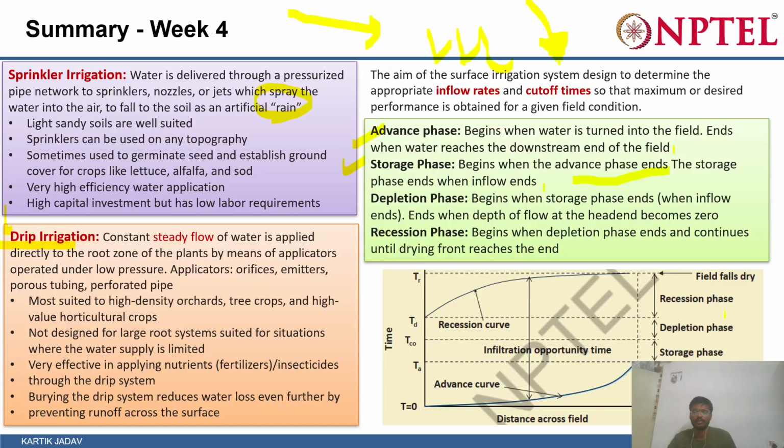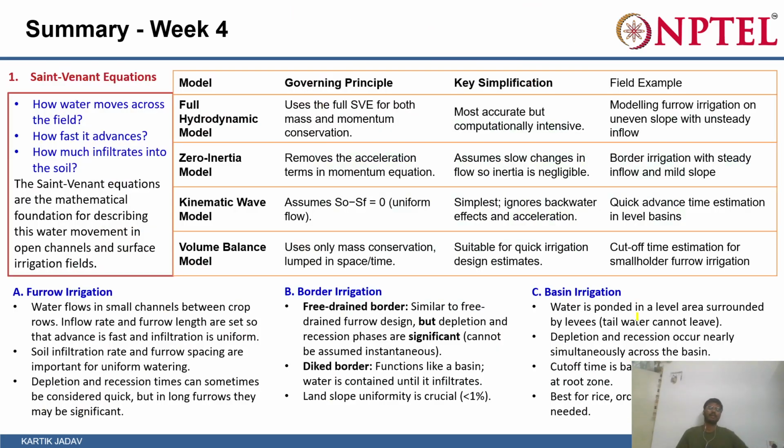It's just a figure for this conceptual understanding, and each irrigation system has different kinds of phases involved that decide how uniformly water will reach, depending on what length, width, and slope you have.